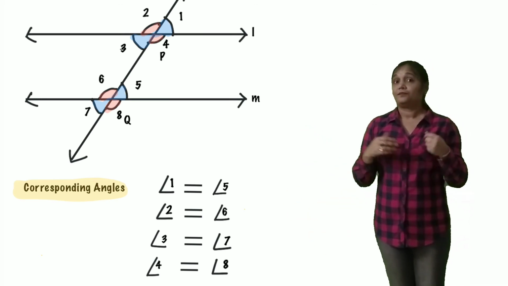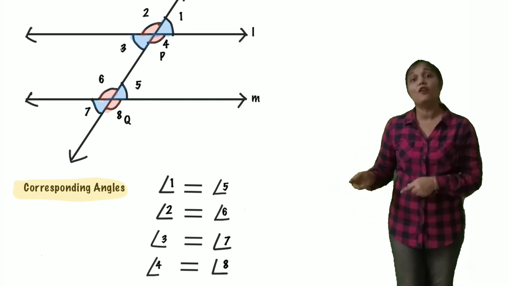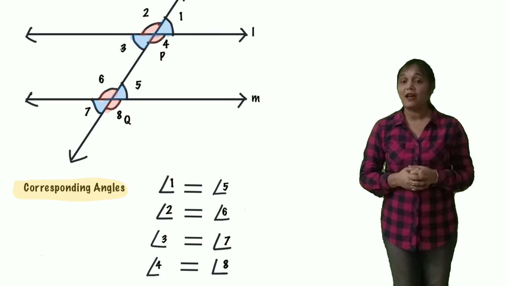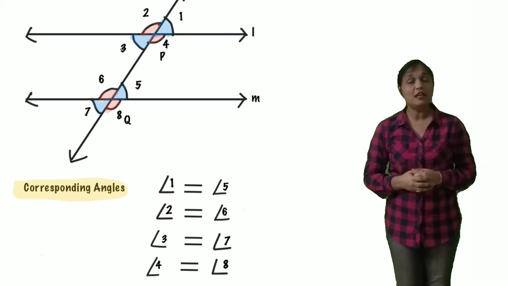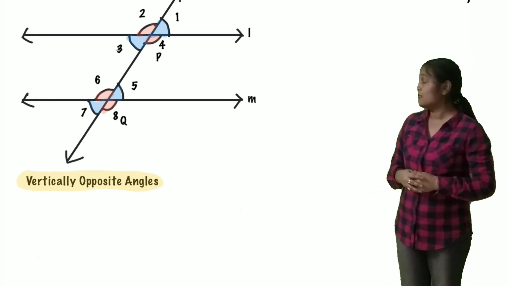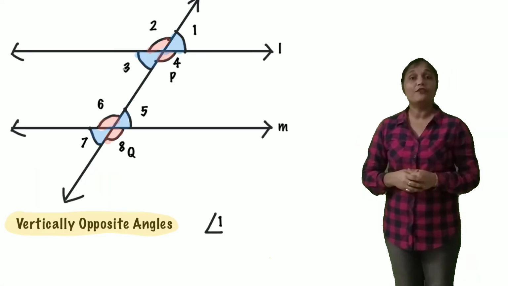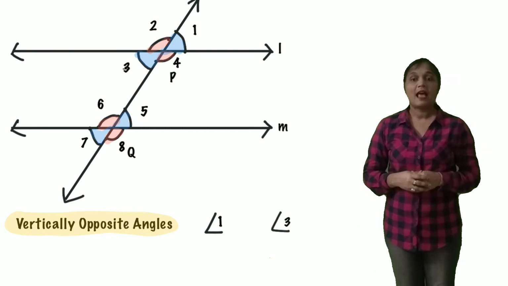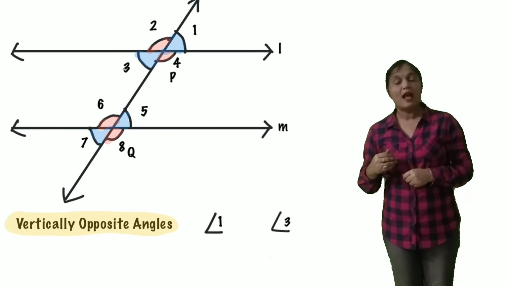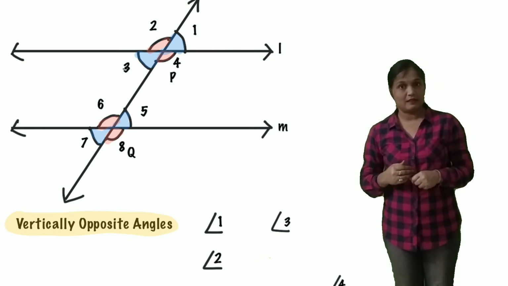Now, as you have learned about corresponding angles, let's move on to our next type of angle, which is vertically opposite angles. Here in this figure, angle 1 and angle 3 are vertically opposite angles, and angle 2 and angle 4 are vertically opposite angles.